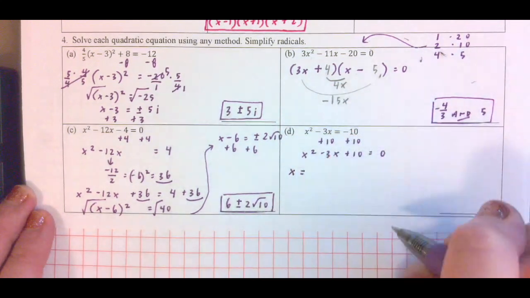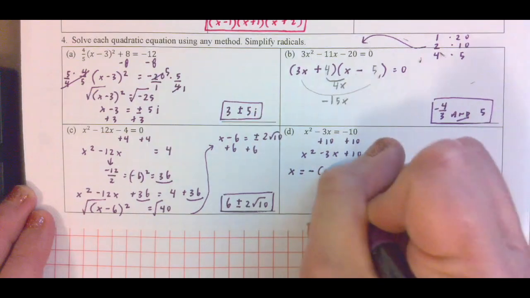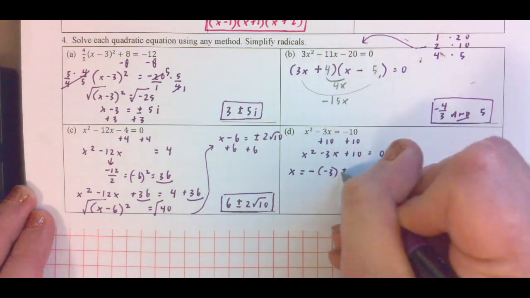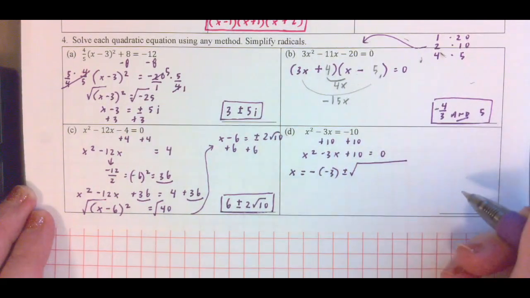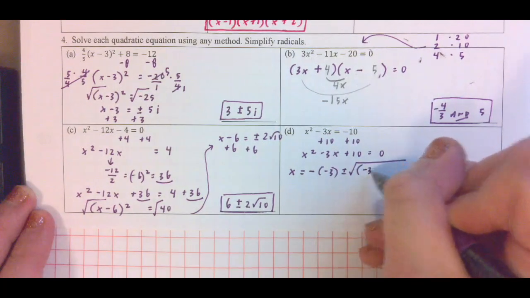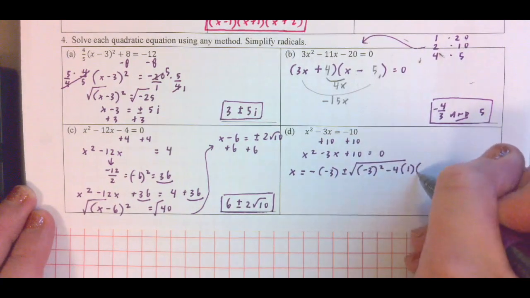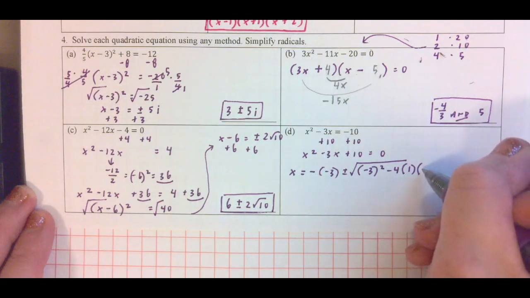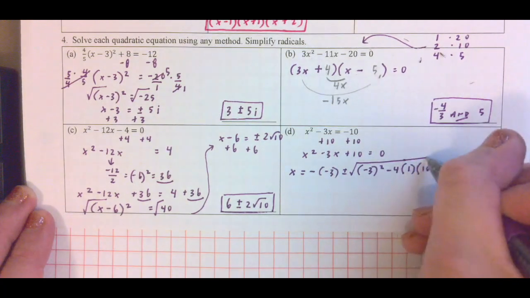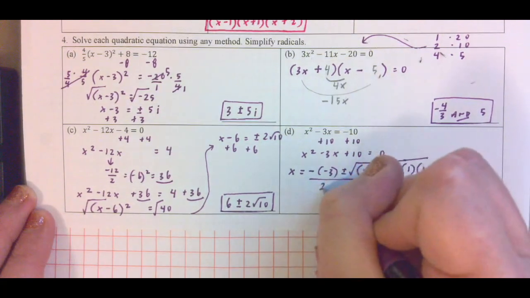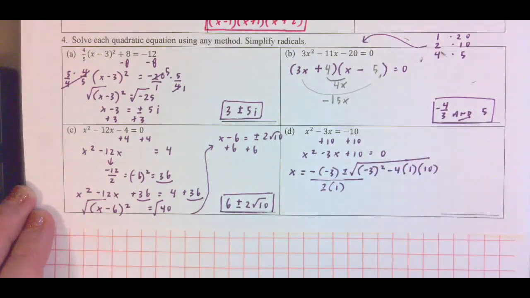So x equals negative b, so negative 1 times a negative 3, plus or minus square root b squared, so negative 3 squared, minus 4 times a, which is 1, and c, which is 10, all over 2a, 2 times 1.